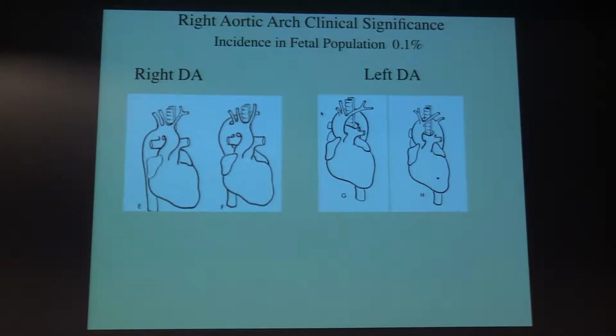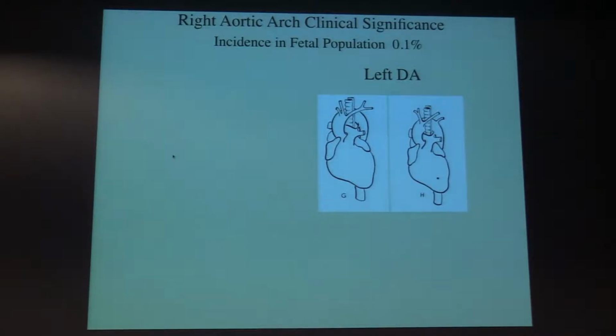The incidence of right aortic arch is about 0.1 percent in the population. We can have a right aortic arch with right ductus, and we can have a right aortic arch with left ductus. The right aortic arch with right ductus usually is not a problem because there is no ring above the trachea and the esophagus.